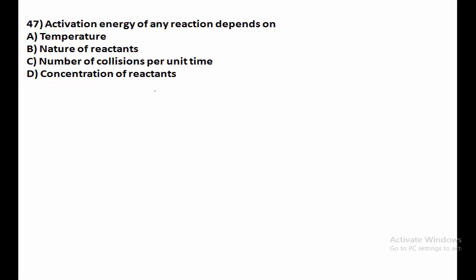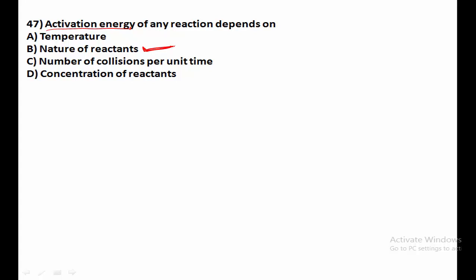The 47th. Activation energy of any reaction depends on temperature, nature of reactants, number of collisions per unit time, or concentration of reactants. On what basis is activation energy dependent? Remember this, activation energy purely depends on the nature of reactants.